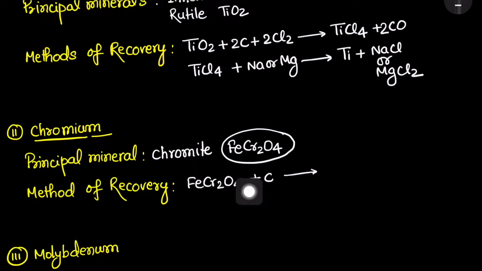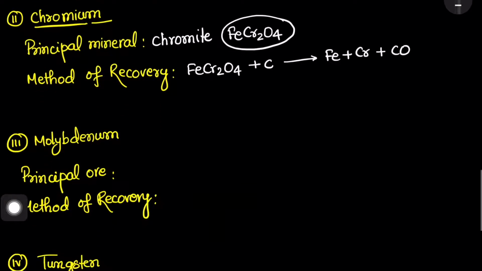Carbon will reduce this to form iron, chromium, and itself will get oxidized to carbon monoxide. So this is the method of recovery of chromium from this chromite ore, that is reduction by carbon. Let's move to the next.